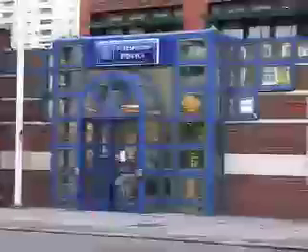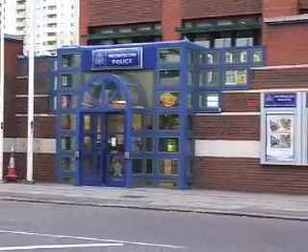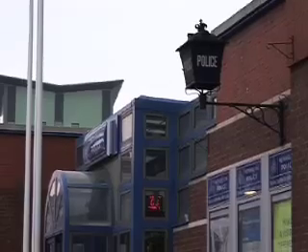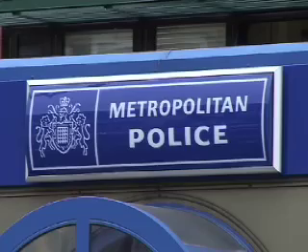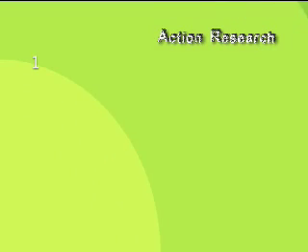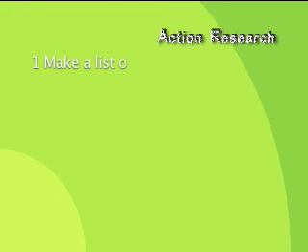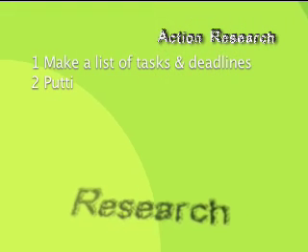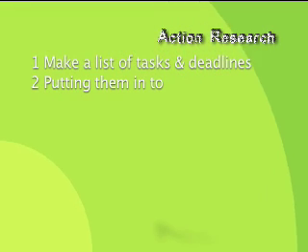I interviewed Mr. Jones from the Metropolitan Police and asked him some questions about time management. From what he was saying, there were 6 things that I picked out that I think would help me manage my time much better. Number 1, make a list of tasks and deadlines. Number 2, putting them into priority.